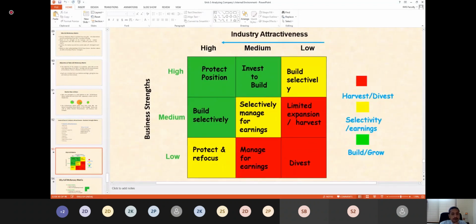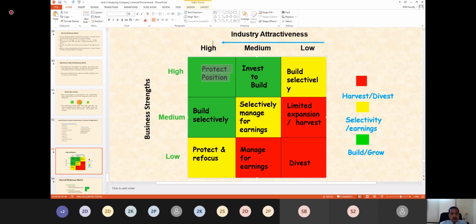Okay. So on the basis of vertical and horizontal axis, if we see this first cell, which talks about protect position, wherein the business strength is very high.